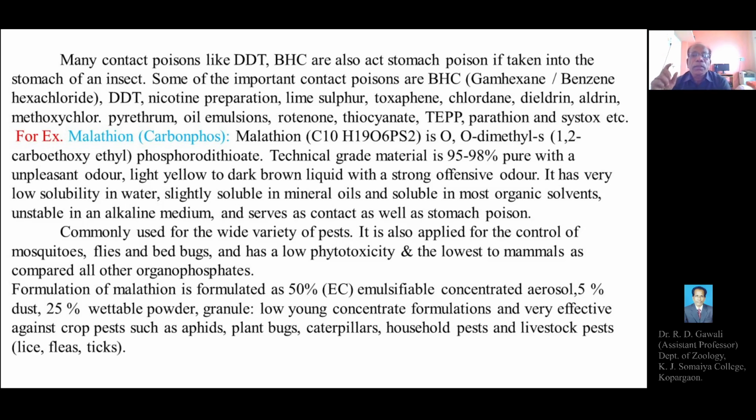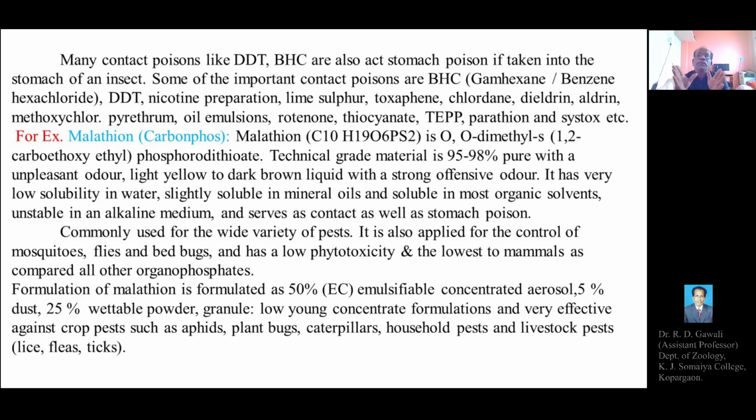The concentrate formulation is very effective against crop pests such as aphids, plant bugs, and caterpillars, household pests, and even livestock pests like lice, fleas, and ticks.